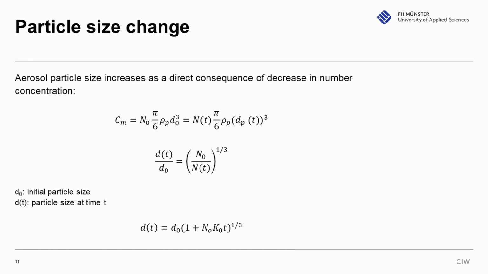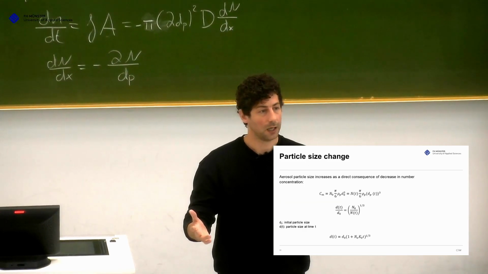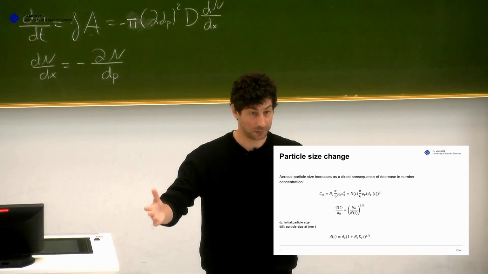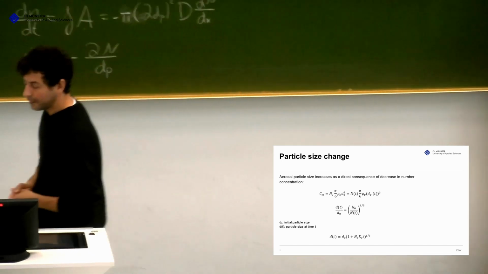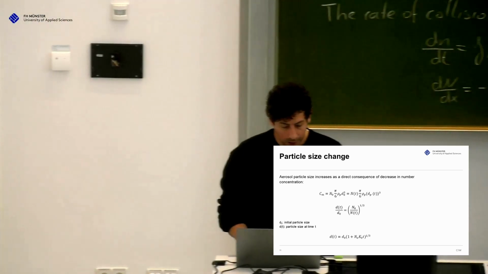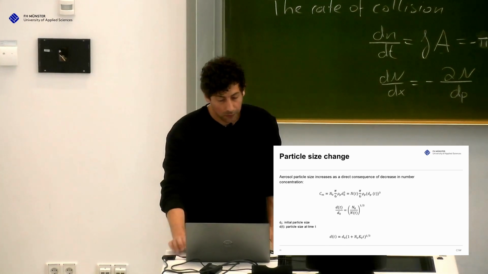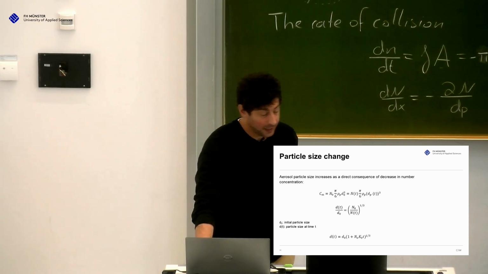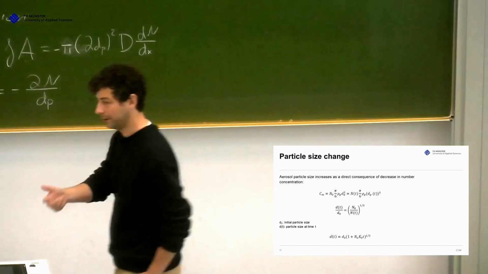So we have 1 million particles with 10 nanometers, and after a while we will have fewer particles, but with a larger size because they coagulate. We can set the balance and rearrange the equation, and you can make a statement for the diameter at a given time. So after 10 seconds, after 20 seconds, after 20 minutes, whatever.